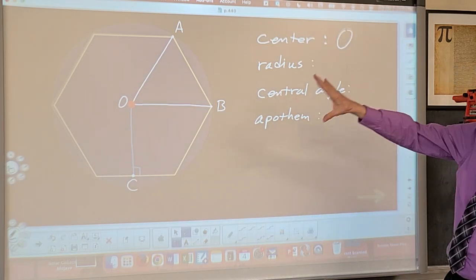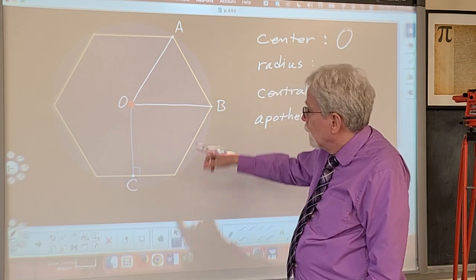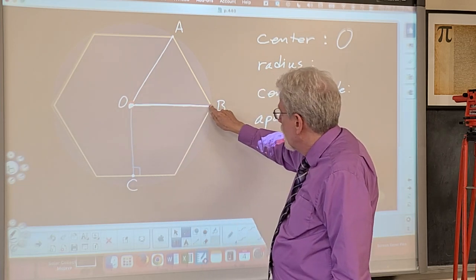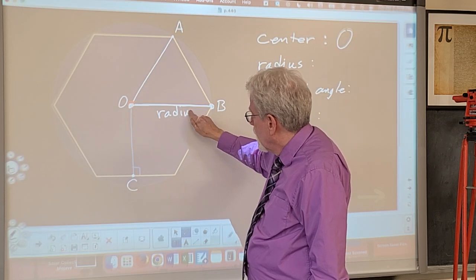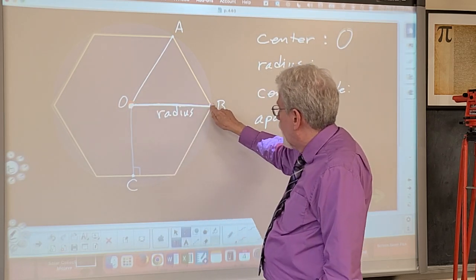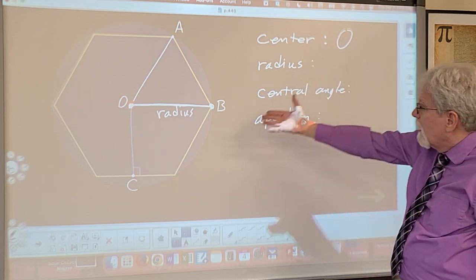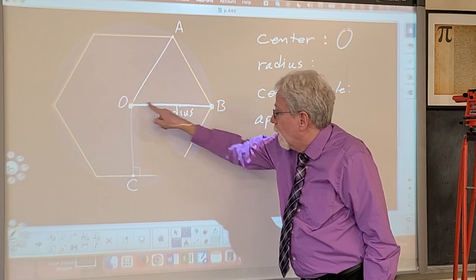And yes, a regular polygon also has a radius. A radius is the distance from the center to one of the vertices. Or in other words, it's the radius of the circumscribed circle. So we have 2 radii. One radius would be segment OB.